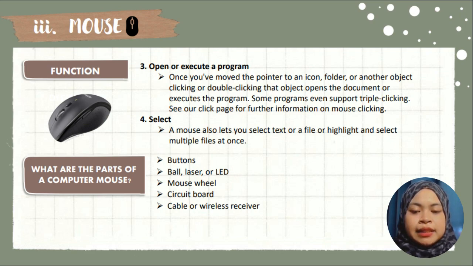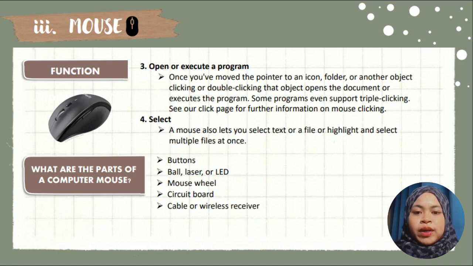And lastly, select. A mouse also lets you select text or a file, or highlight and select multiple files at once. What are the parts of a computer mouse? The parts of a computer mouse are buttons, ball, laser or LED, mouse wheel, circuit board, and cable or wireless receiver.